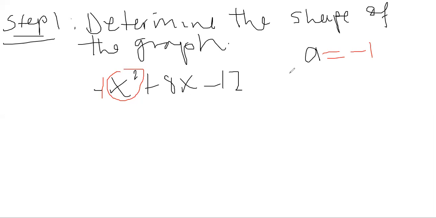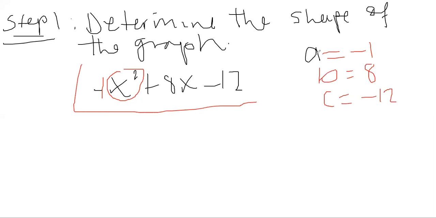Our b is positive 8, just 8. And our c is minus 12. To know the shape of this quadratic equation, we have to look at the sign of a, and the sign of a here is negative.